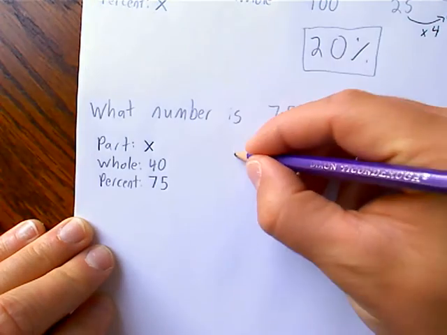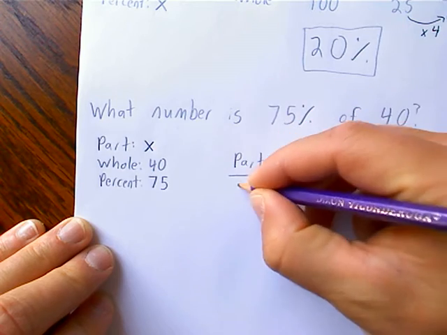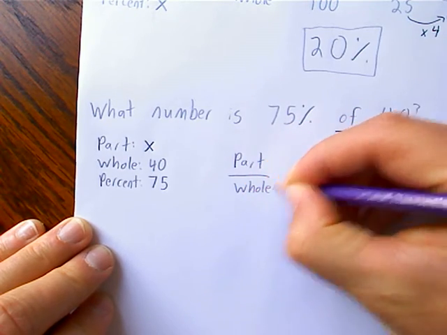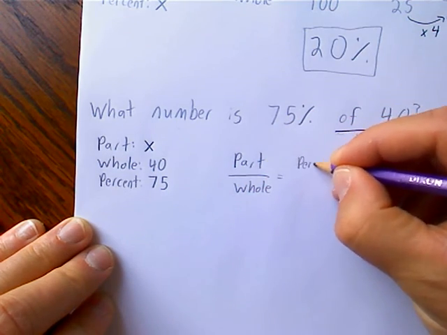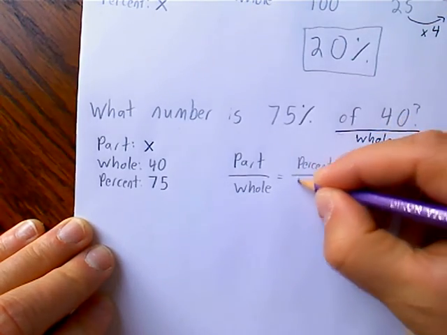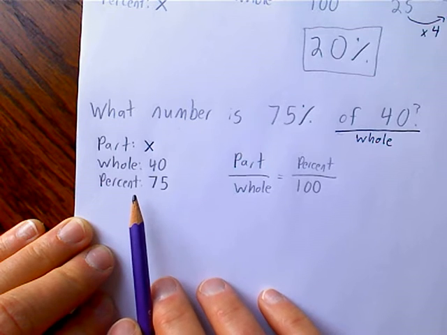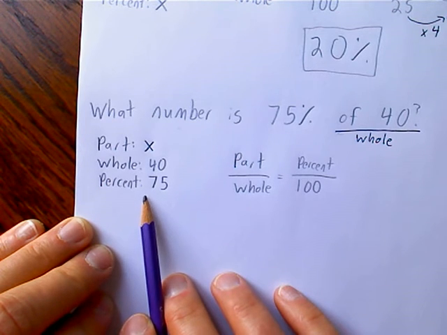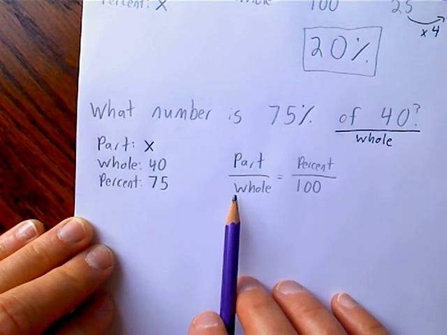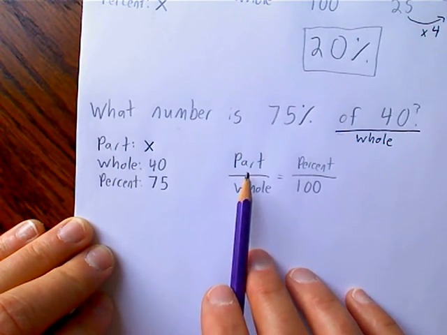Let's use our key: part over whole equals percent over 100. Let's fill in what we know over here. And this is a different problem, so we got to pay attention to making sure we're filling in the components correctly.